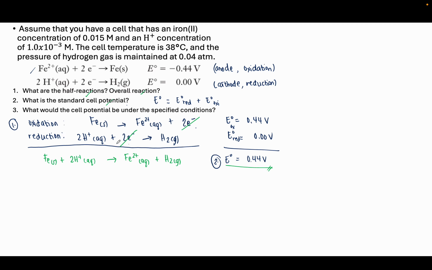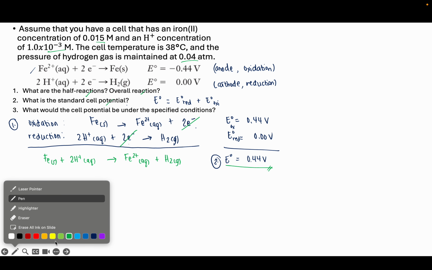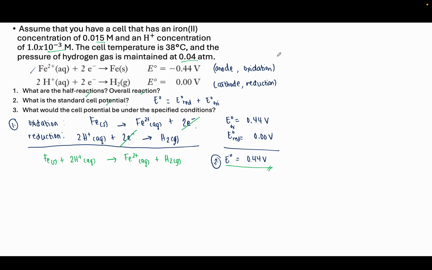Number 3. What would the cell potential be under the specified conditions? This time we will consider the concentration and the partial pressure. So let's rewrite our equation.